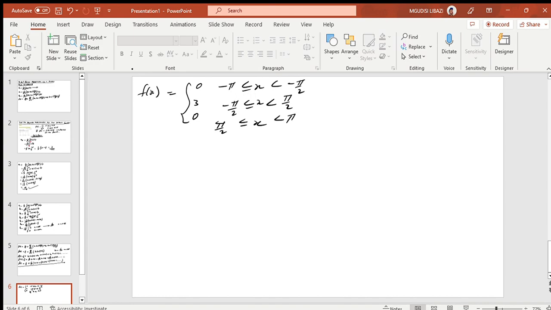So those are our limits there. They are saying that f of x is equal to f of x plus 2 pi.